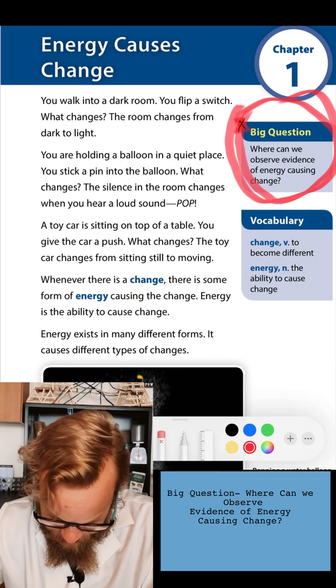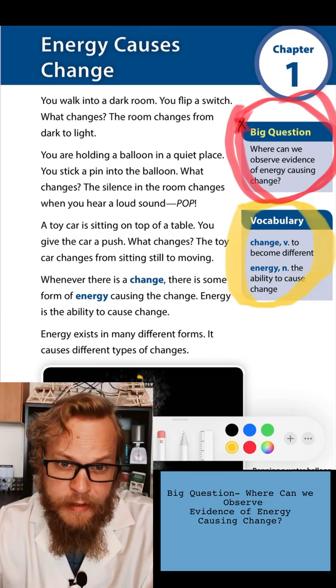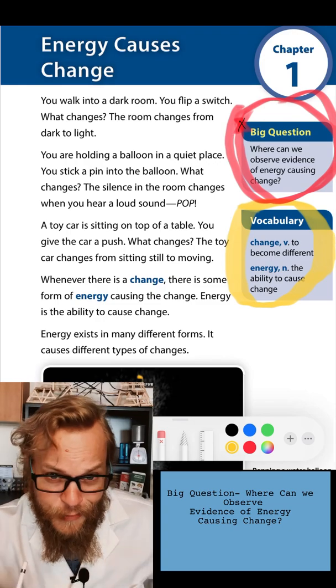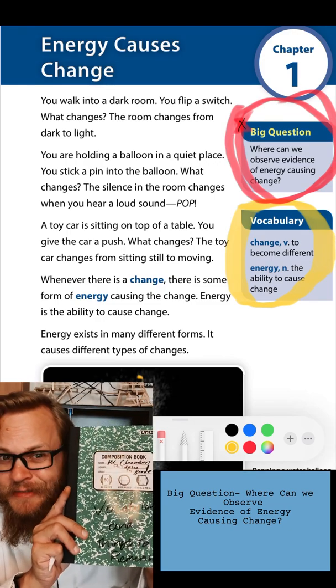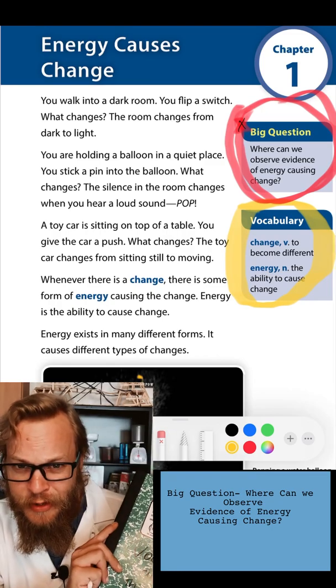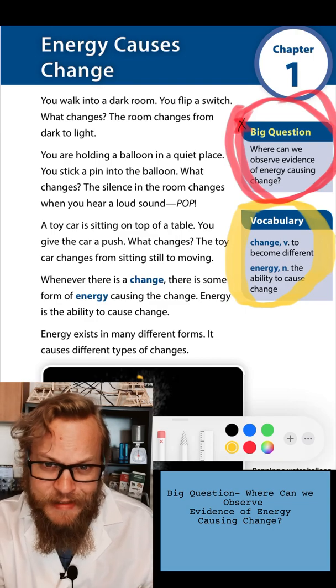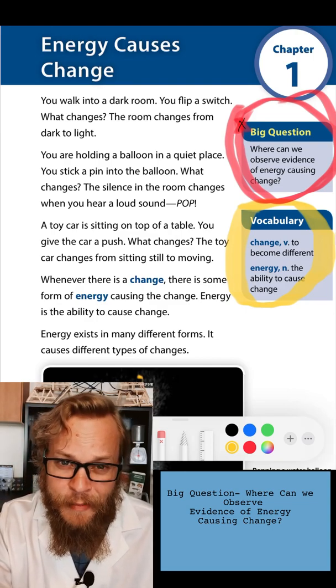Underneath our big question, let's do that in yellow, we have our vocabulary. By this point, hopefully Mr. Chambers has been smart enough to introduce us to the idea of having a vocabulary and things to know journal. One journal is our morning meditations that we write along with for our morning message.